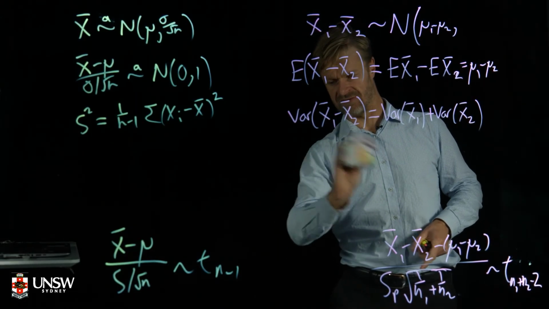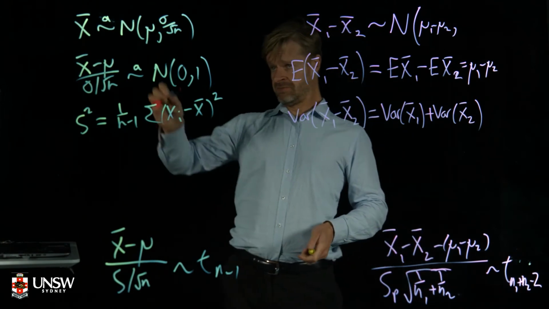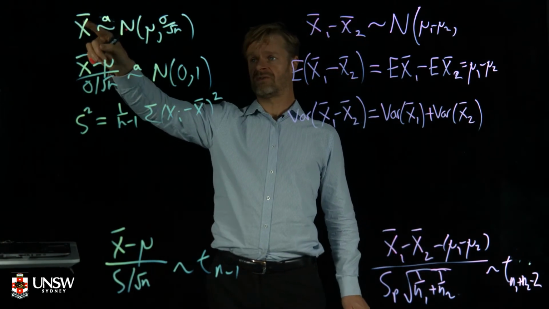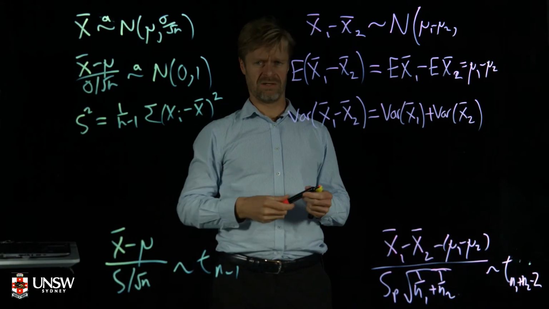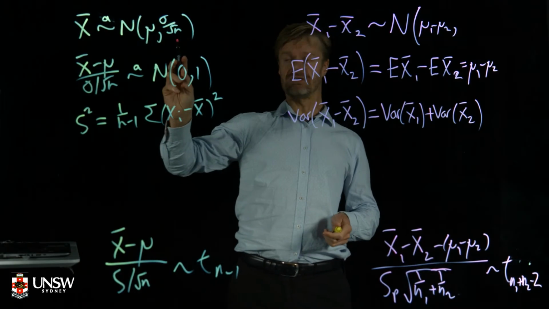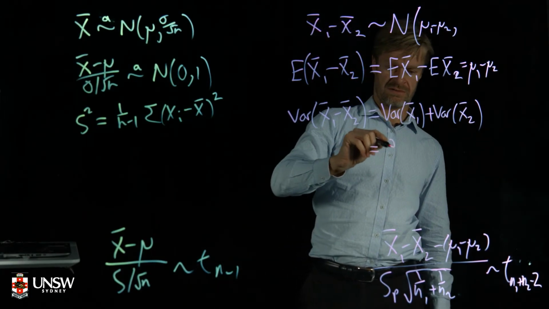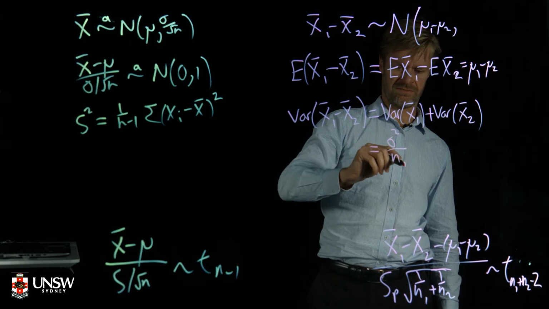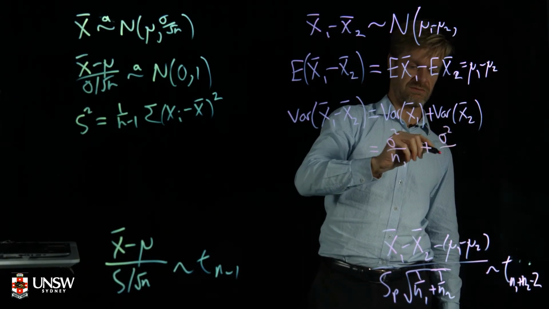So what is the variance of x bar 1? What is the variance of x bar 2? We know this. We know that sample means have standard error sigma on root n, so their variance is sigma squared on n. If we got a sample of size n1 for the first group, we got sigma squared over n1. If we got sample size of n2 for the second group, we're talking sigma squared on n2.